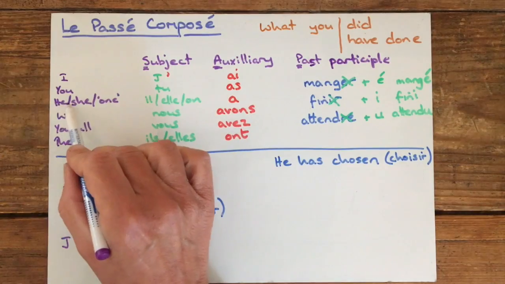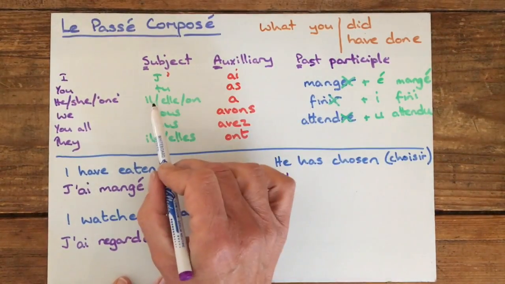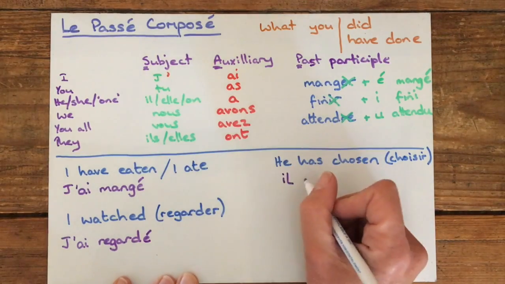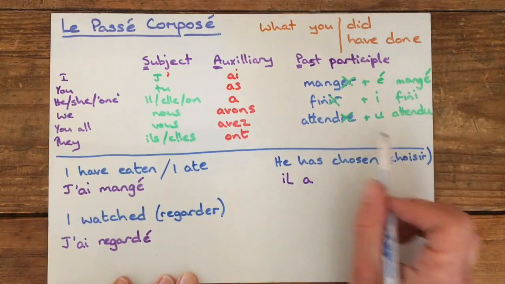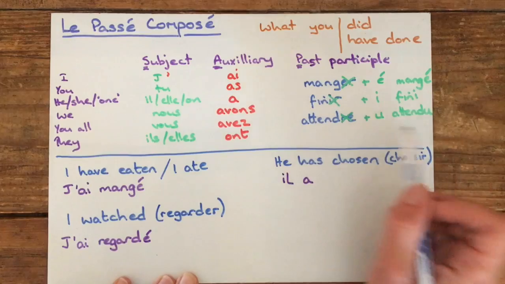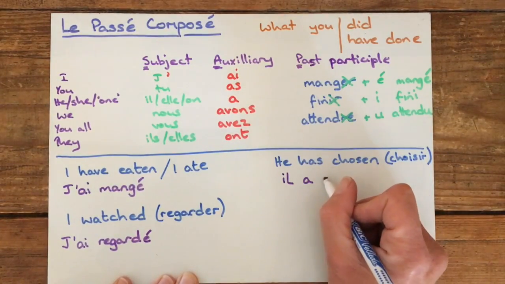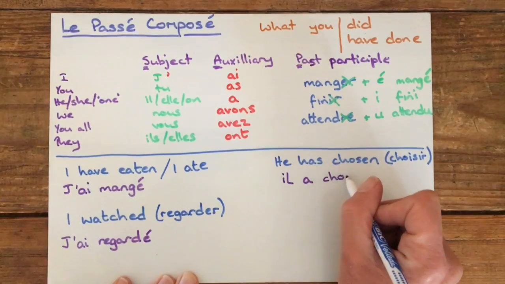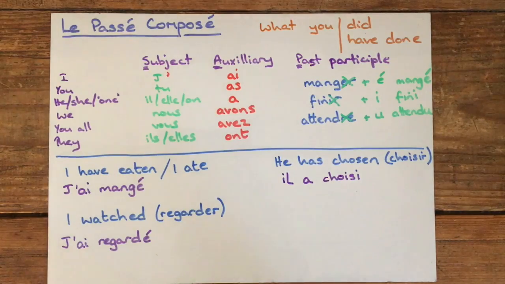He, we're going to go for il. Il, your auxiliary will be a. And then choisir is an IR verb. So we're going to take off the IR and we're going to just put an I. Il a choisi. He has chosen or he chose.